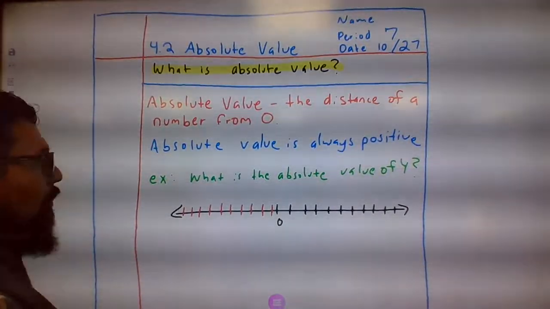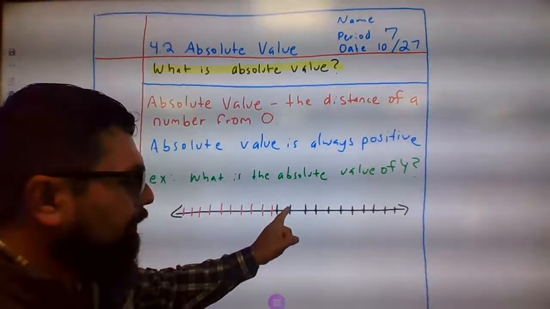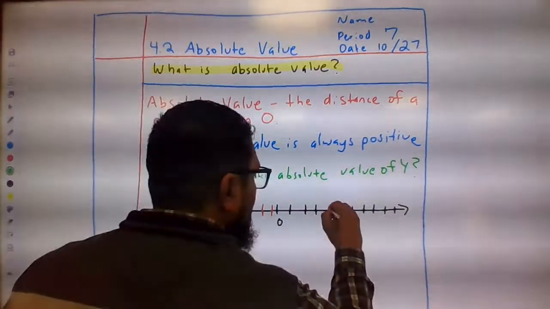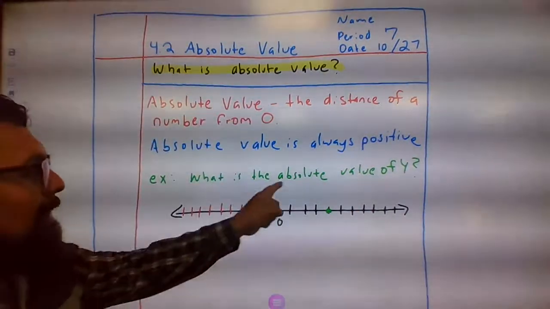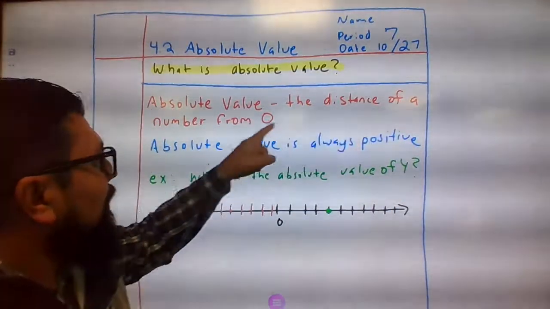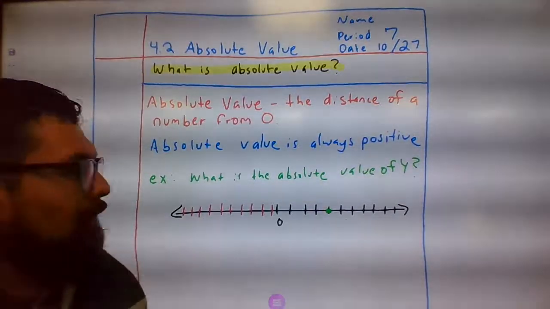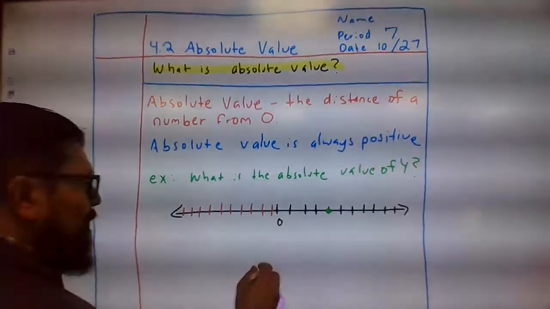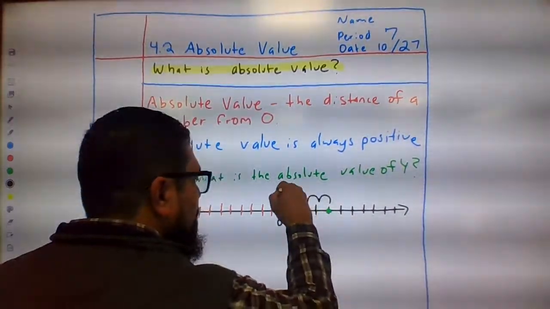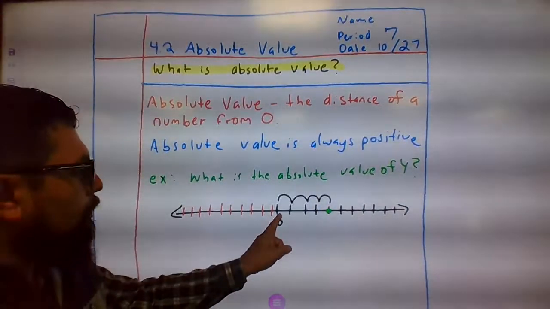All right, so what is the absolute value of 4? Where's 4 here? Here's 1, 2, 3, 4. Here's 4. So what is the distance of 4 from 0? We're going to draw arches. You go 1, 2, 3, 4. Here's 0. So it's 1, 2, 3, 4.